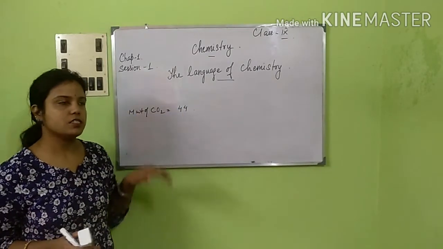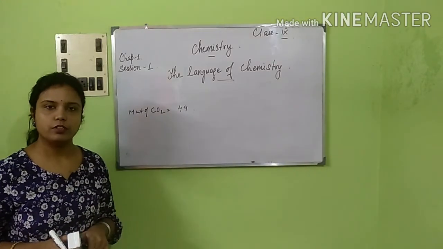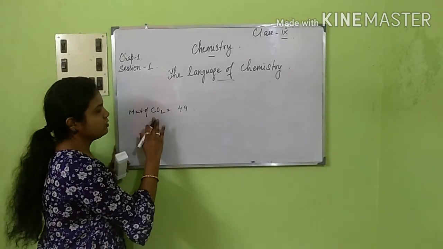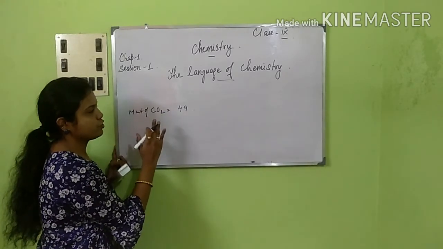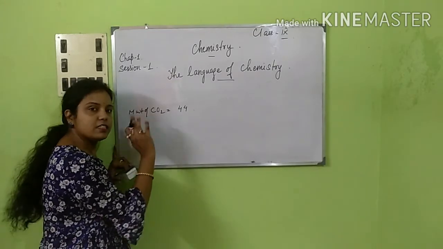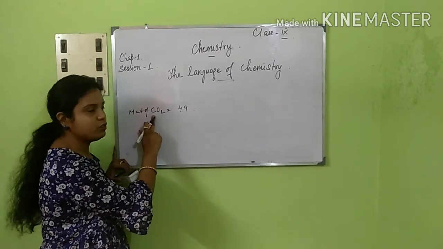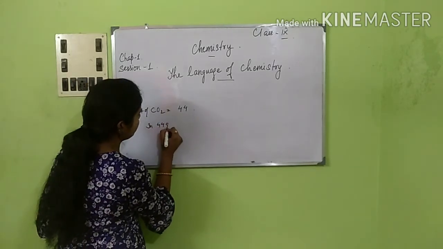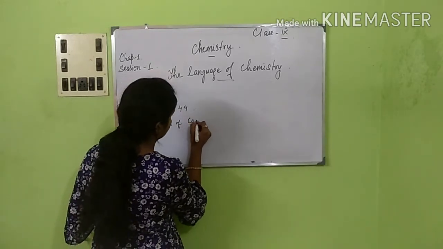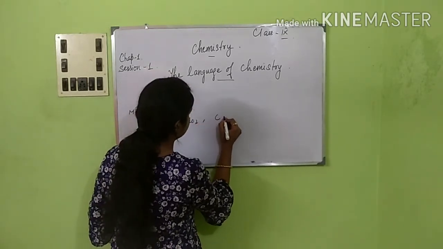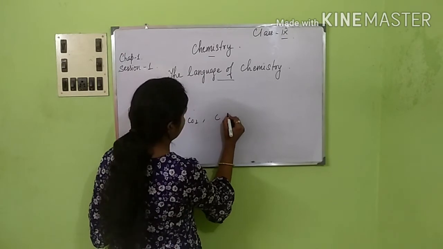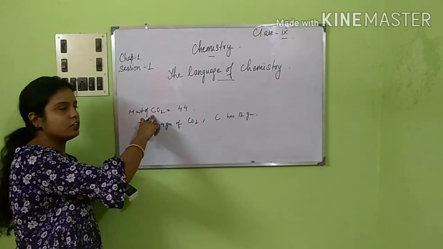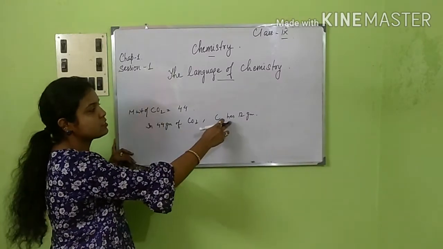So we have got the molecular weight of carbon dioxide as 44, right? Now we will find the percentage composition of each of the elements, once for carbon, once for oxygen. So in 44 gram of carbon dioxide, carbon has 12 gram, because the atomic weight of carbon is 12.